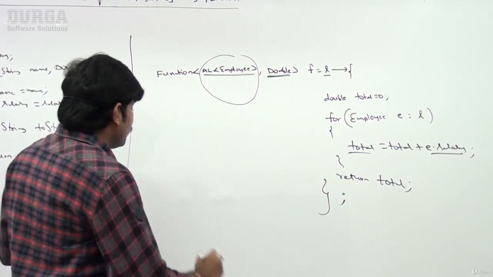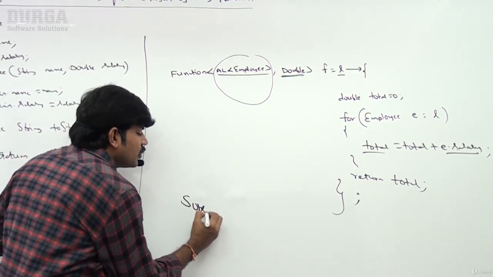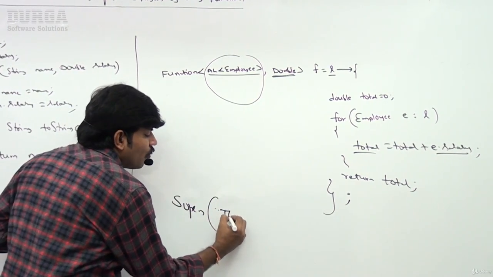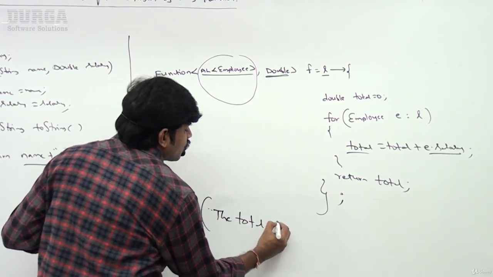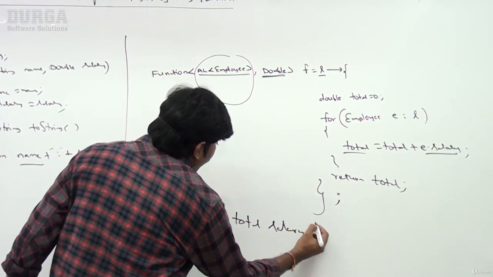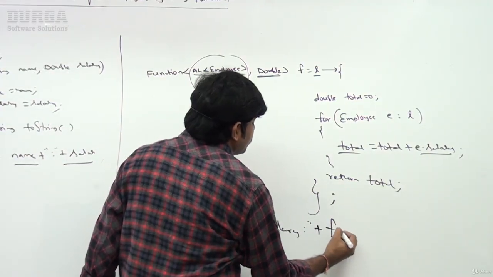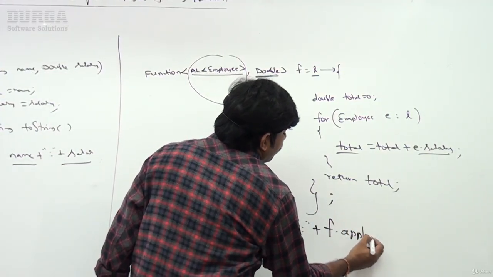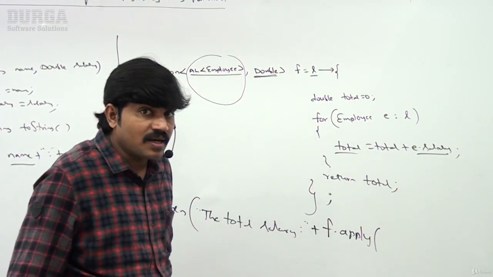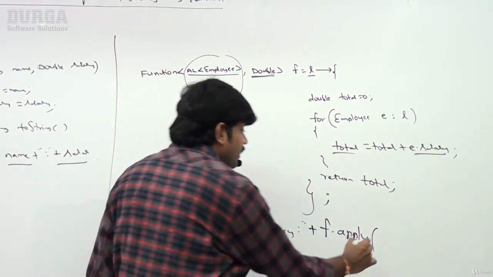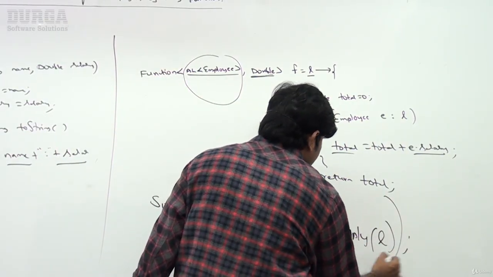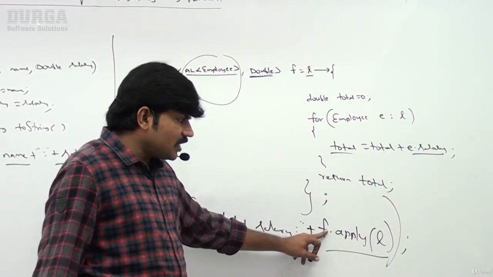Now here, System.out.println, the total salary of all employees is, apply this function, f dot apply. For which list? I already have an ArrayList object.